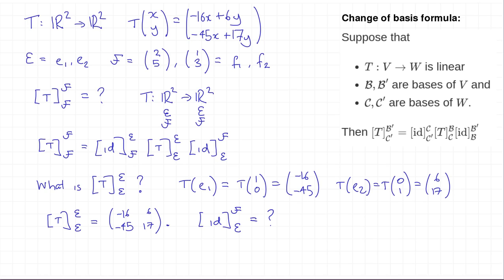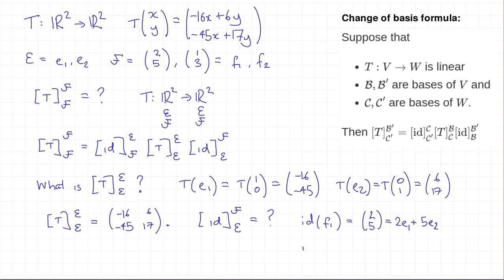The reason that that is easy is because what you have to do to figure out the first column is work out the identity of f1 as a linear combination of e1 and e2. But of course the identity applied to f1 is just f1, which is (2, 5), and that is 2e1 plus 5e2.